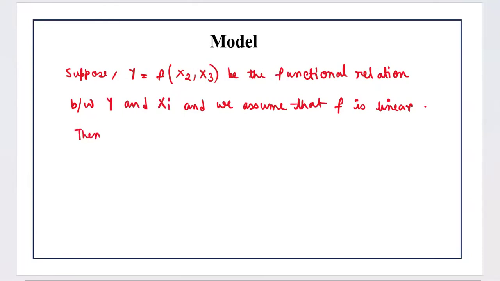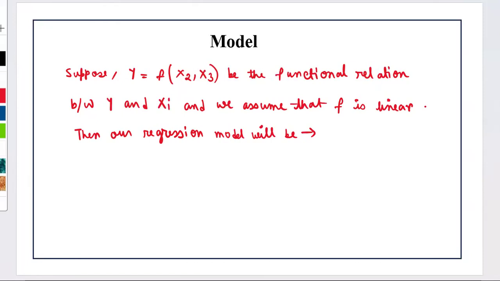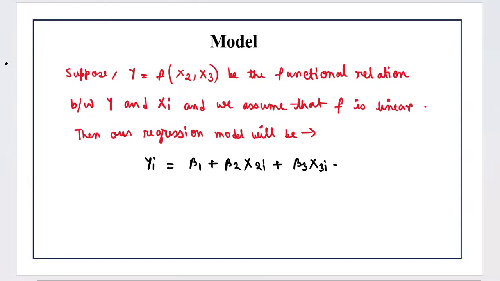Then our regression model will be: yi equals beta 1 plus beta 2 x2i plus beta 3 x3i plus some error term ui, for all i from 1 to n. So this is what the model looks like.